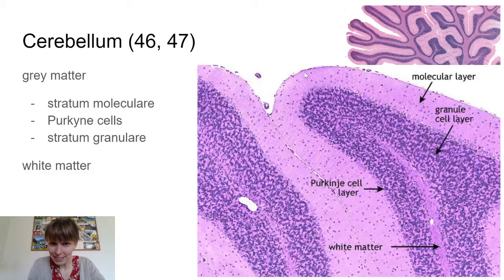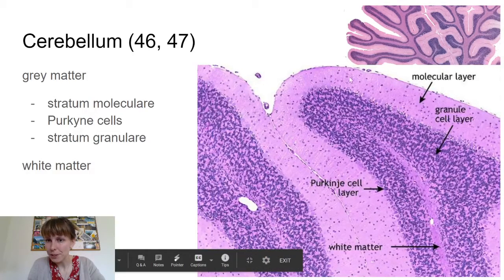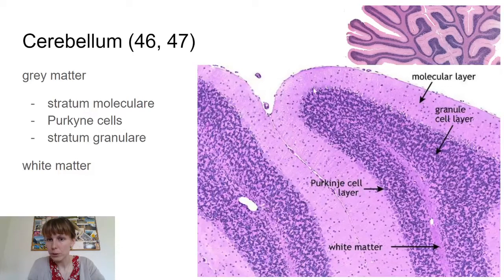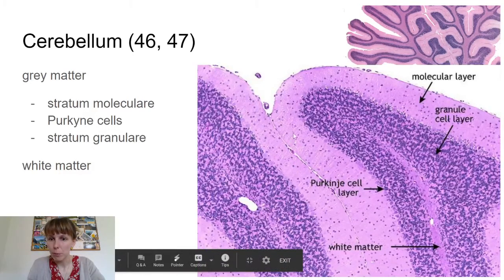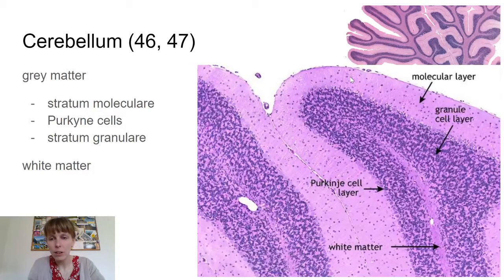So this lighter layer will be the stratum moleculare, the molecular layer. So this is the surface of the cortex of the cerebellum, stratum moleculare. That's where you have a lot of dendrites of the Purkinje cells and some interneurons and glial cells.